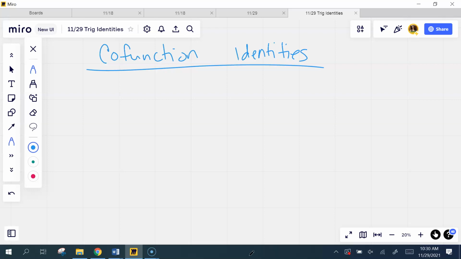There are 6 of these. The sine of pi over 2 minus theta is going to equal the cosine of theta. If you think about this in terms of the unit circle, it makes sense.